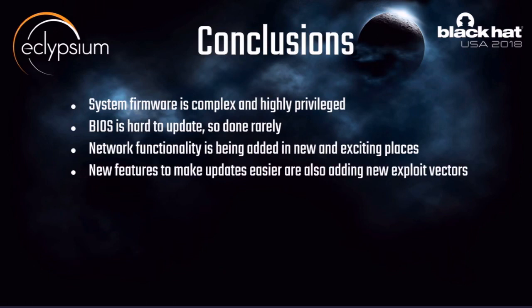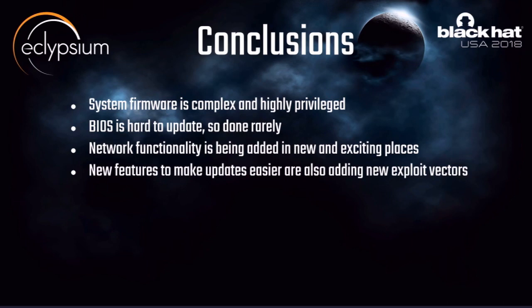So the basic concepts are that systems firmware is really big, complex, highly privileged software, and it runs before the operating system loads. Also, BIOS has had a bunch of issues where it's been kind of a mess, and it's getting better. The update process still is a mess.